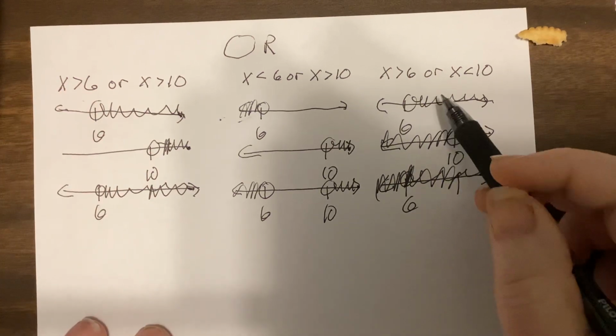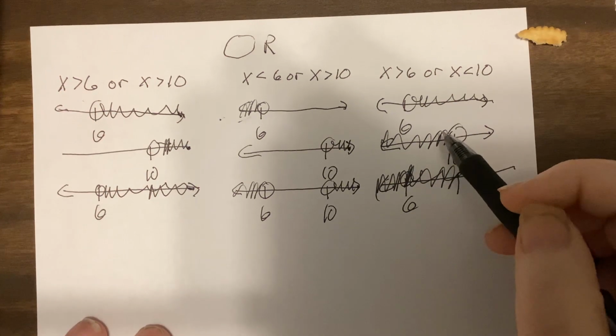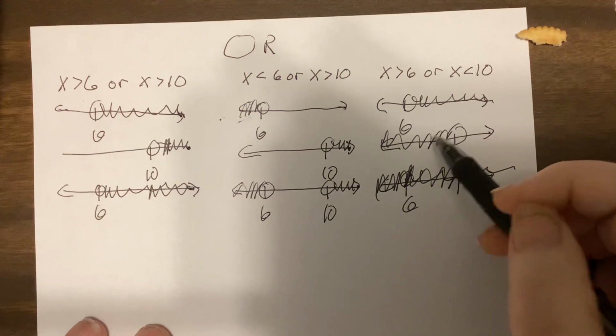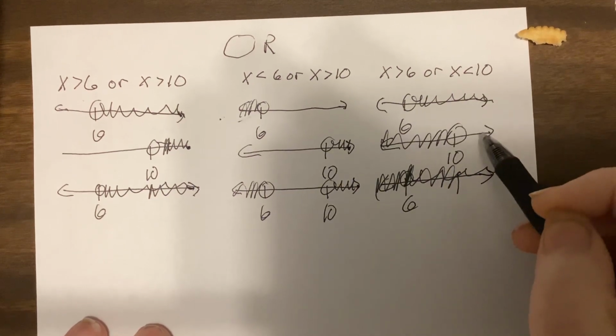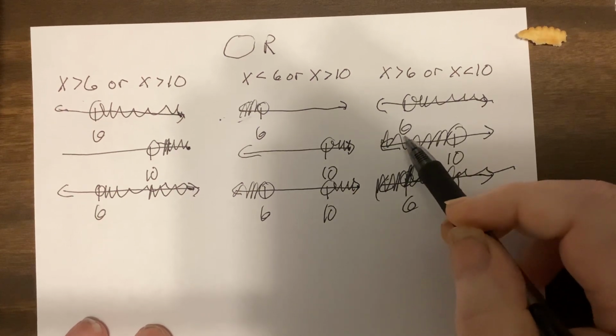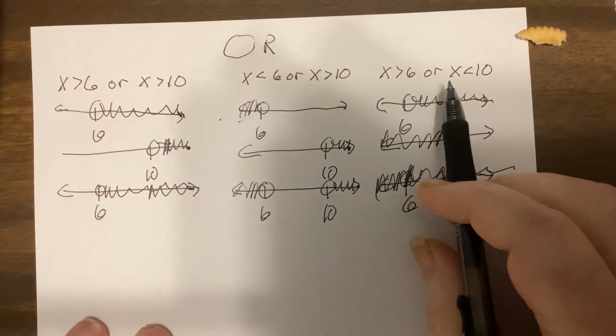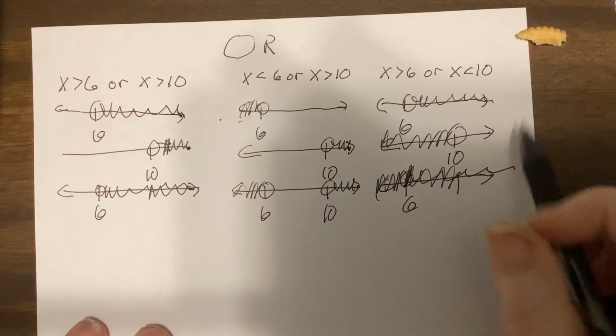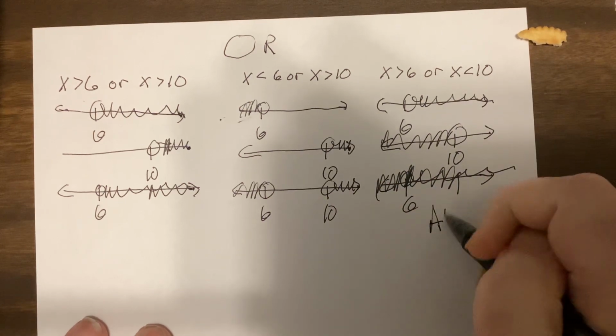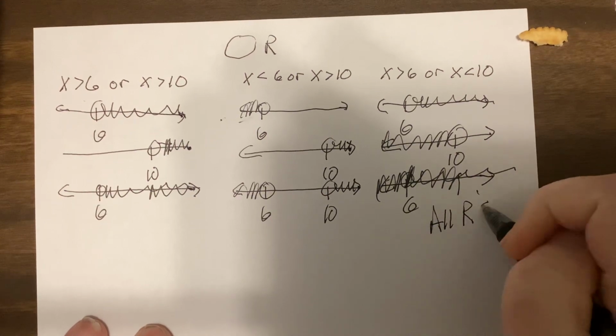So if you look at this, the question is, where is there shading? Well, there's shading everywhere if you use both graphs. So there's shading from here all the way down, and there's shading here all the way up. So it'd be all reals.